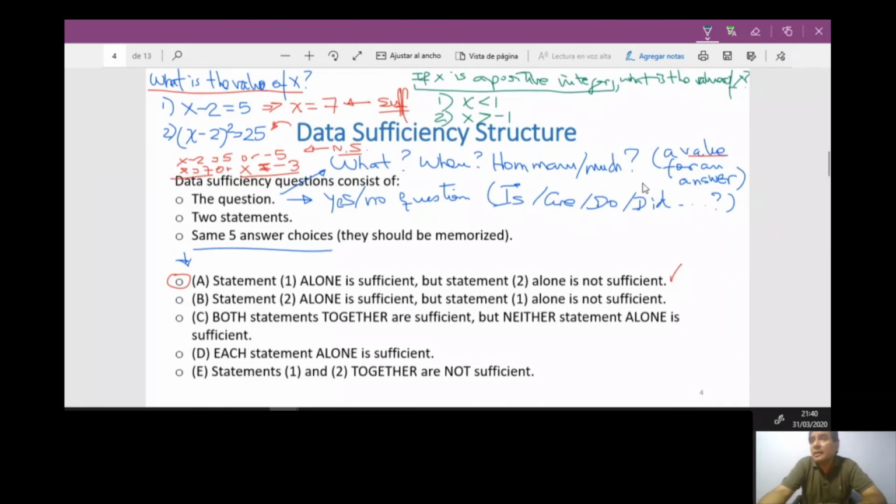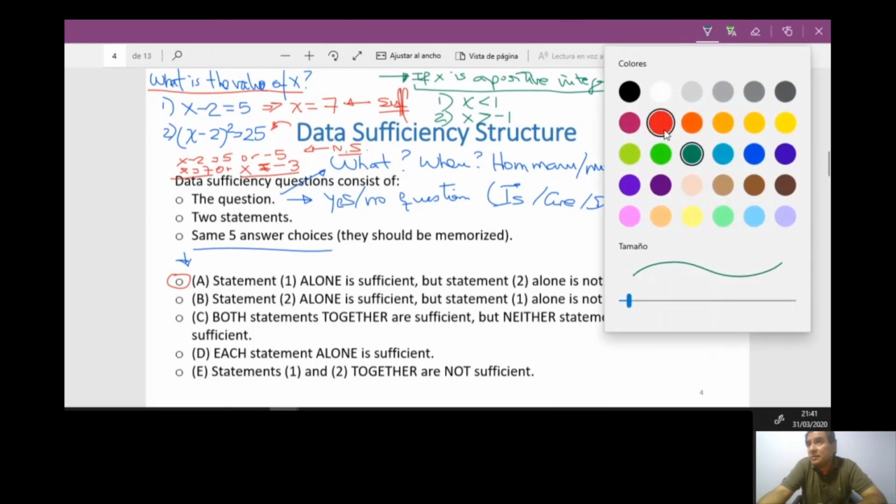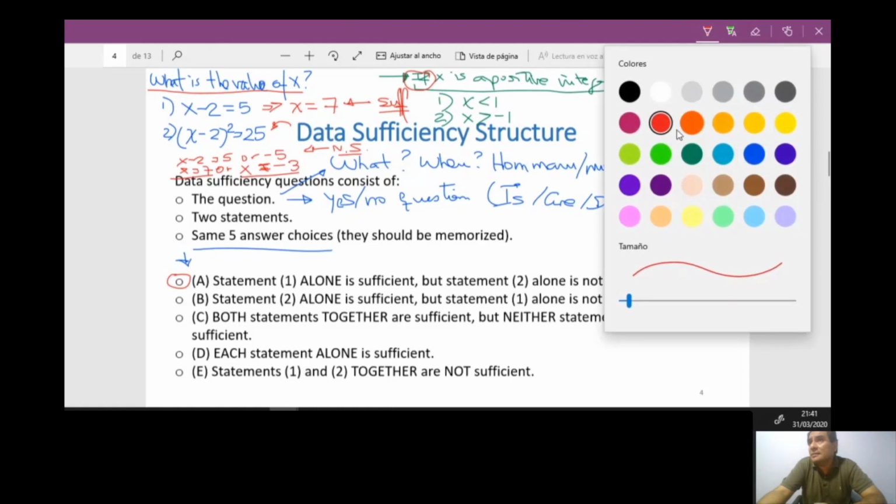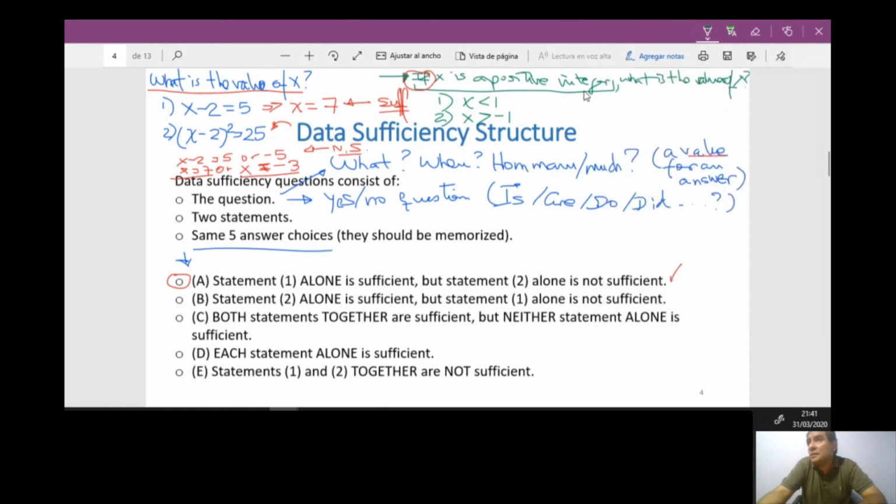Isn't it true that if we evaluate these statements, we have to consider the restriction posed by the first part of the question? They are making a fact that x is a positive integer. Don't be fooled by the fact that there is an "if" here, okay? This doesn't mean that x being a positive integer is a possibility.